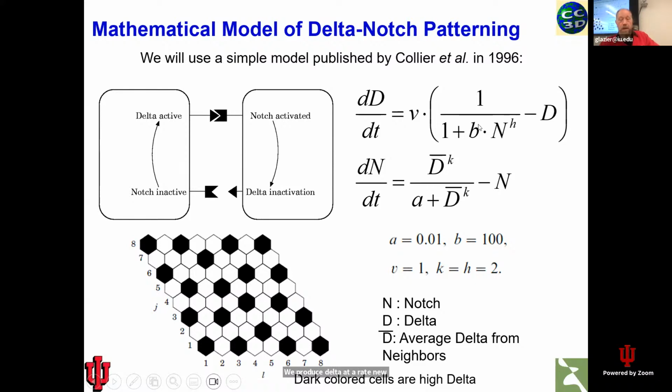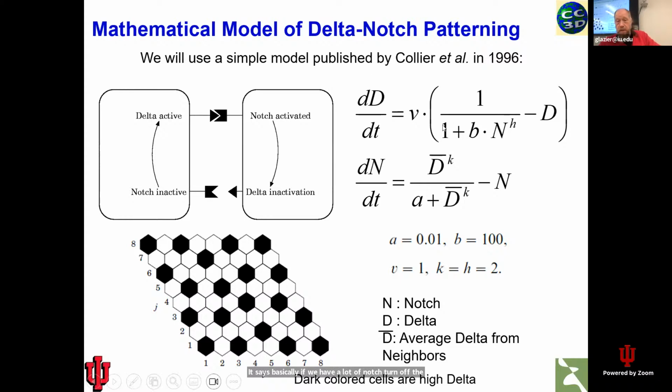And as we have more notch, we produce less delta. That is, notch activated inhibits delta. So that's the first term here. And this functional form, 1 over 1 plus b times n to the h, is what's called an inhibitory Hill function. That's a sigmoidal function that says basically if we have a lot of notch, turn off the signal.